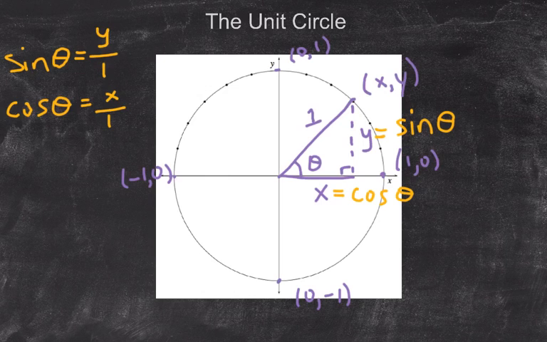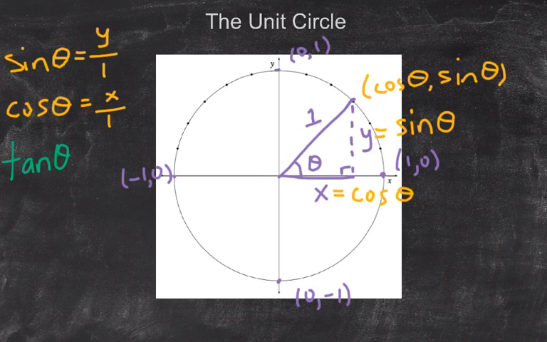And so I now have a lot of information about my coordinate point, x, y, and if I wanted to, I could write that coordinate point as cosine of theta, sine of theta. One last thing that I can notice is that the tangent of theta is opposite over adjacent, so that's y over x.